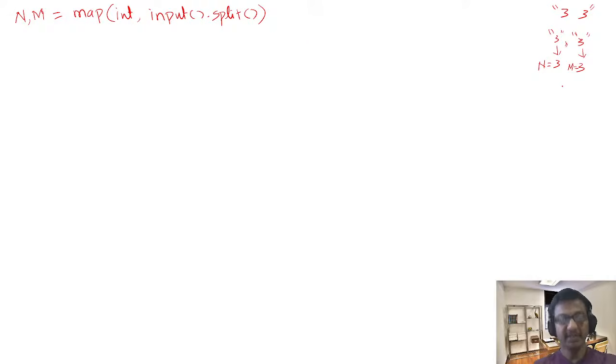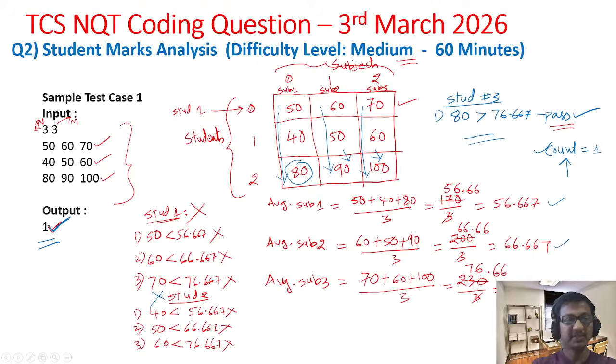Then the next line of input contains a matrix. To read this, we need to import the sys module. You can write it at the top or somewhere in the code. The only thing is that importing this sys module is important, because you need to read the entire matrix, these three rows.